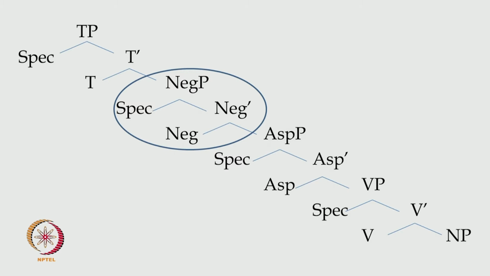Whether we start the structure with an IP, okay, or a TP or an AGRP, either way, and I hope you understand what I mean when I say AGRP, TP or IP in different frameworks.